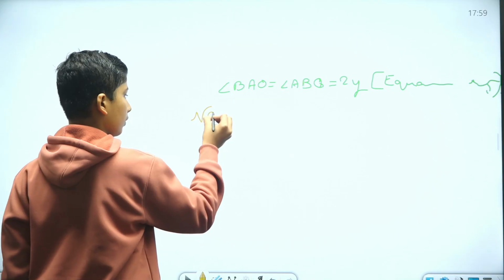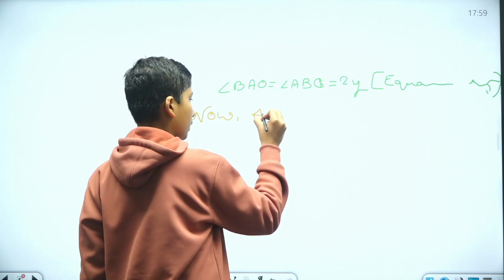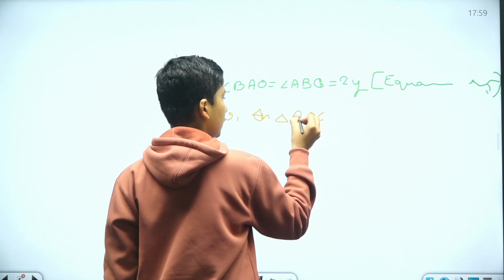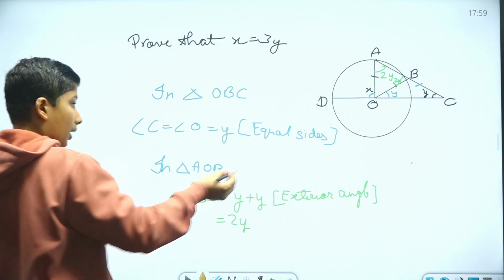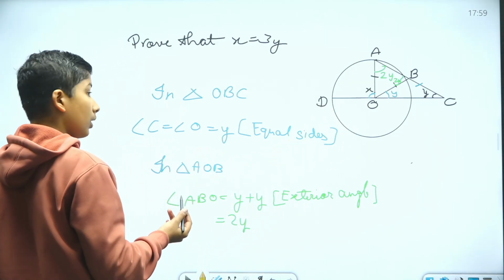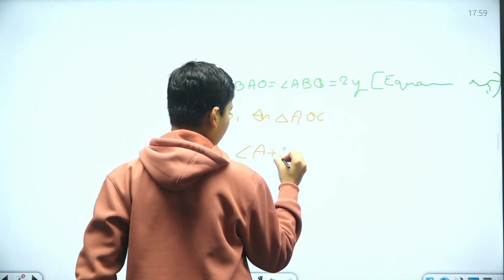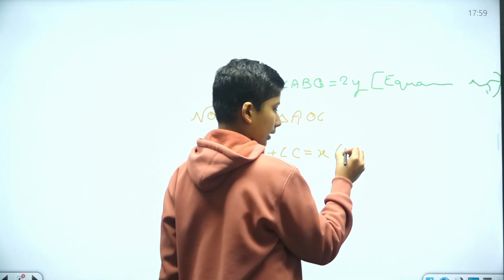Now in triangle AOC, this is triangle AOC. So angle A plus angle C equal to x. How? Exterior angle.